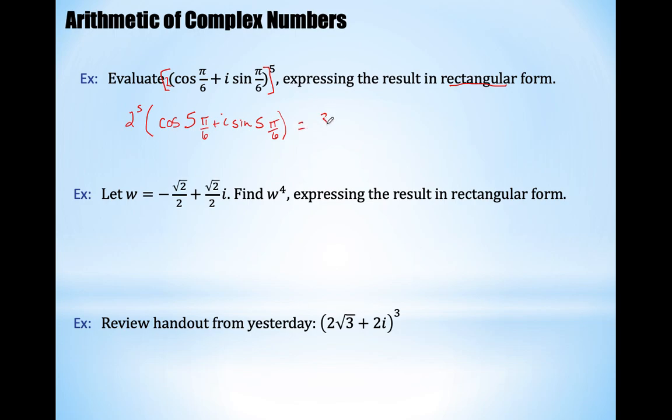And I get 32 cosine 5 pi over 6, right? Cosine of pi over 6 is root 3 over 2, but cosine is negative in the second quadrant, plus a half. Sine of pi over 6 is a half, but with 5 pi over 6, I'm in the second quadrant where sine is positive.